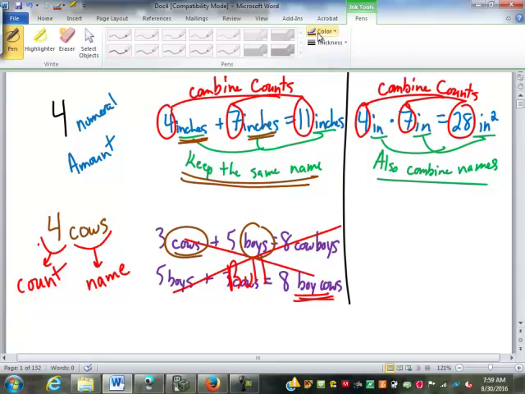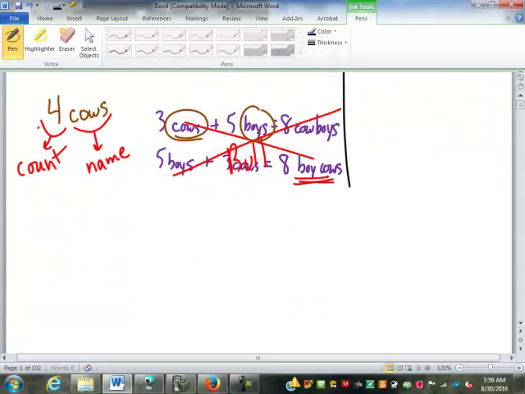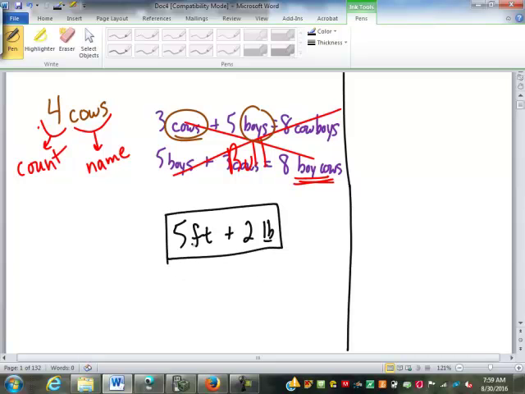So to get a little bit less of a nonsense example here, if I had 5 feet plus 2 pounds, what do I get? I get 5 feet and 2 pounds. They have different names. I cannot combine with addition and subtraction, feet and pounds, because they have different names.